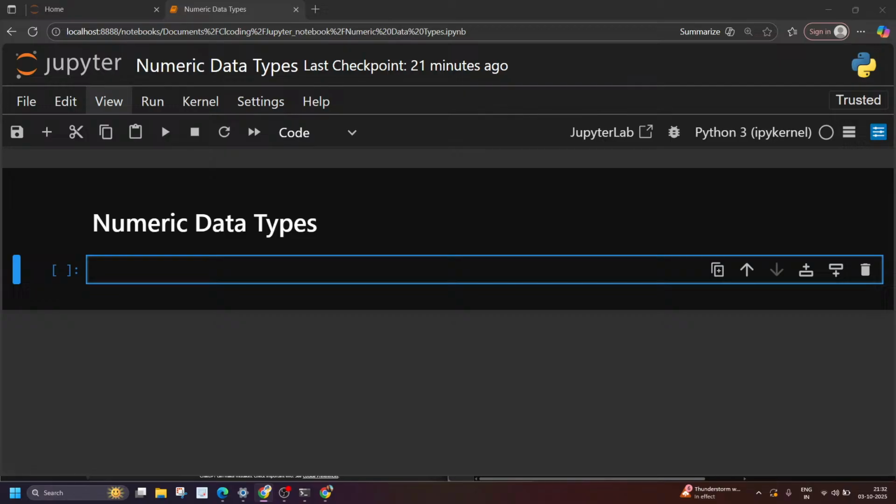By the end of this session, you'll not only understand how Python handles numbers, but also how to perform mathematical operations, conversions, and even some neat tricks with numeric types.